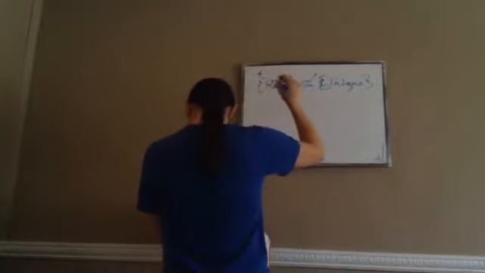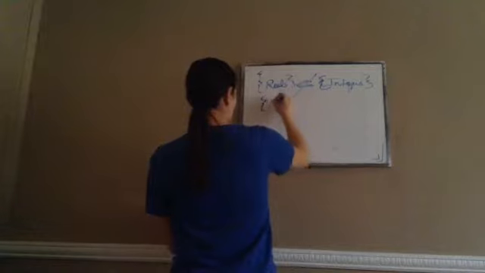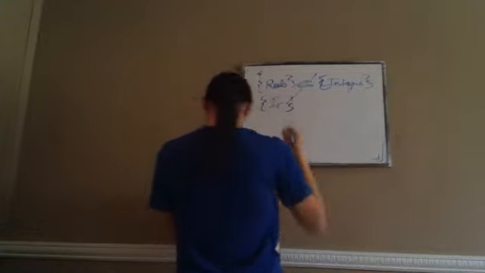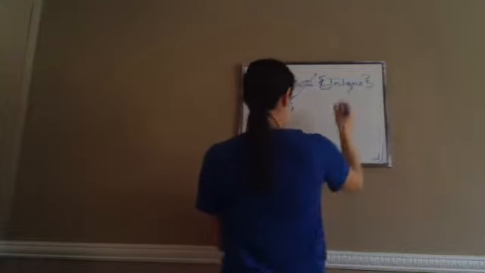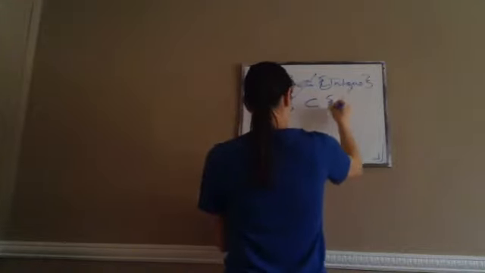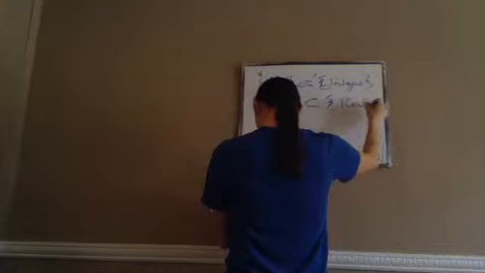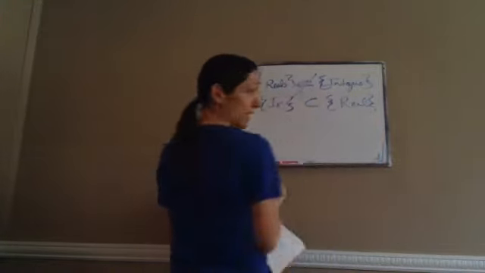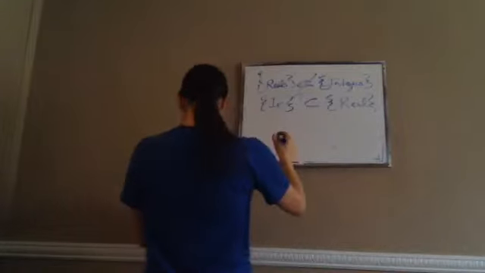All right, let's try the next one. Irrationals, and I'm just going to use those 2 letters for irrational. And then they're asking me, is it a subset of real? Yes, true. Got it? All right, let's try this one.